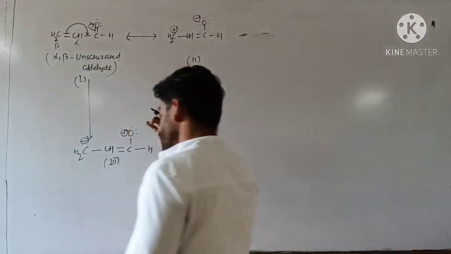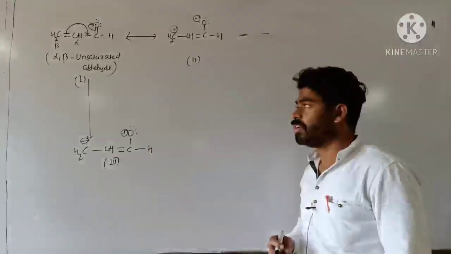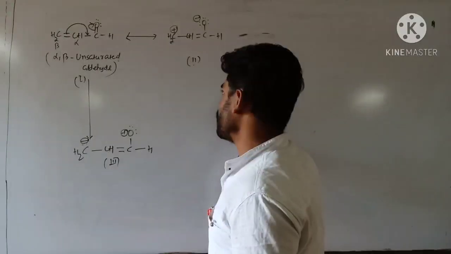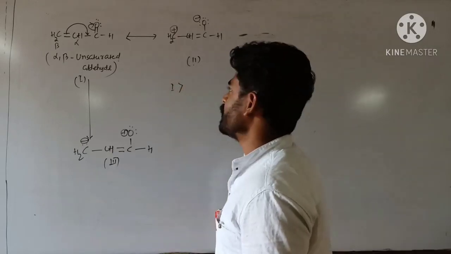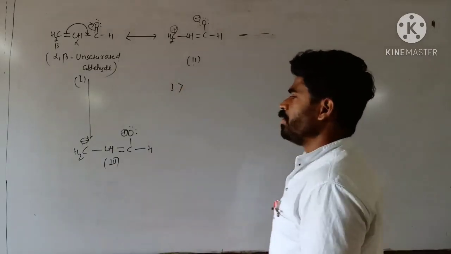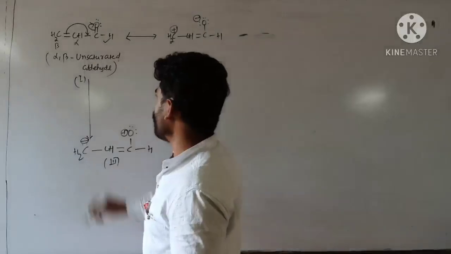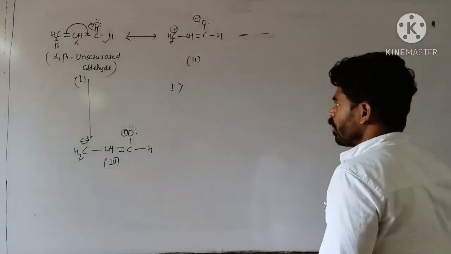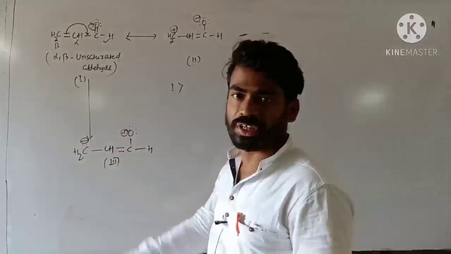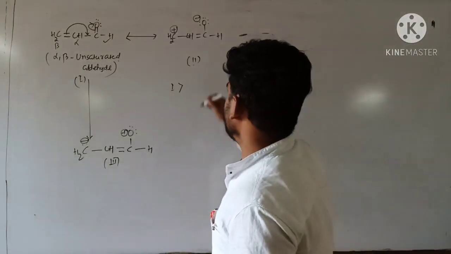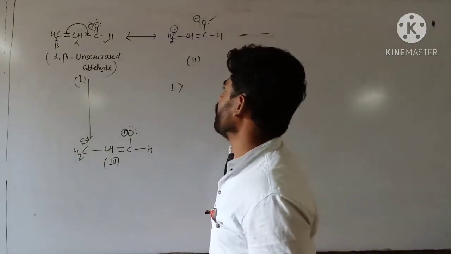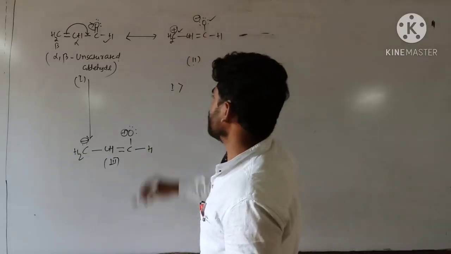So my question is, arrange these 3 structures by considering their stability. So no doubt the structure 1 is more stable because it does not carry any charge and has the maximum number of covalent bonds. Then the competition is between structure 2 and structure 3. Clear? So in structure 2 you see the negative charge is on the more electronegative atom, and the positive charge is on the less electronegative atom.